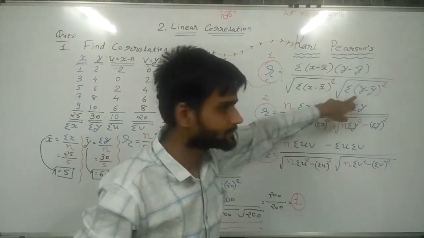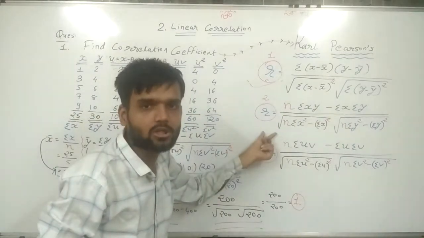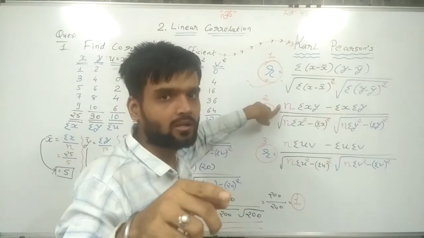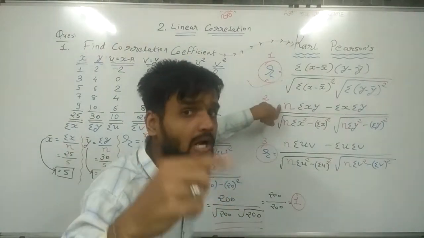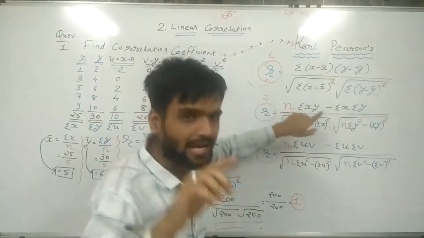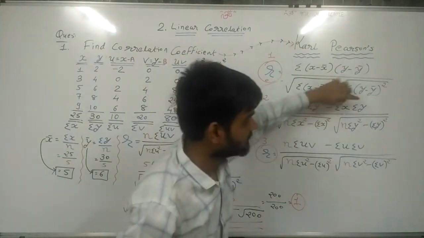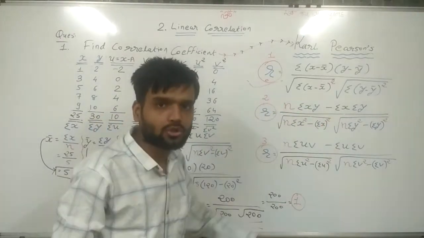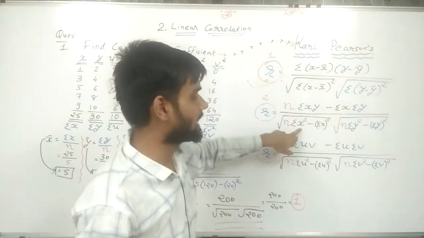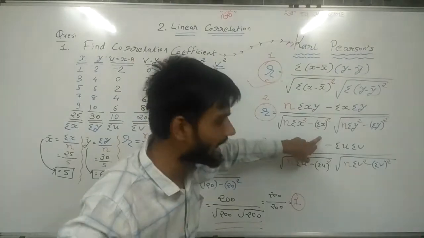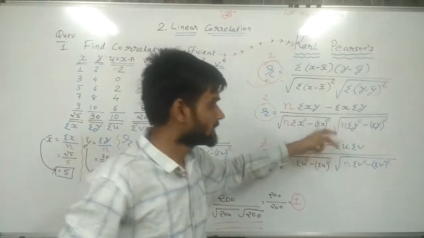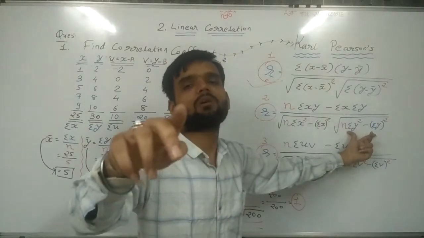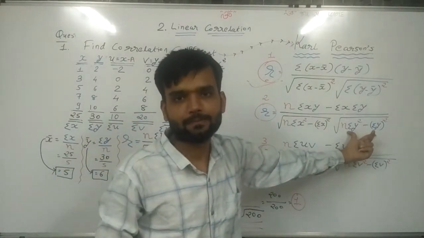Second formula: r is equal to n sigma xy minus sigma x sigma y, divided by under root n sigma x square minus (sigma x) whole square, second under root n sigma y square minus (sigma y) whole square.